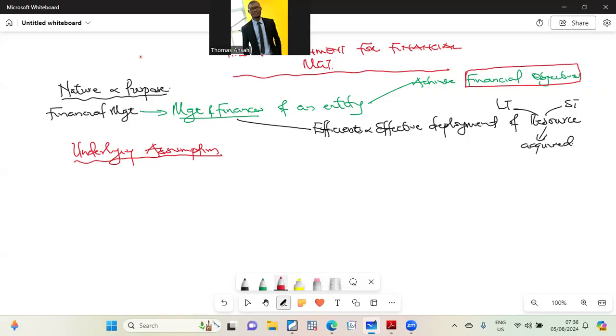So, she is saying that an entity exists to make profit. Now, let me show you the lens she used to make that statement. The lens she used is the company. You must understand that when we talk about an entity, this is how an entity is constructed. We have shareholders.